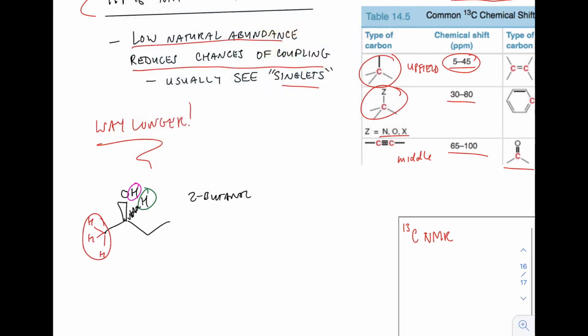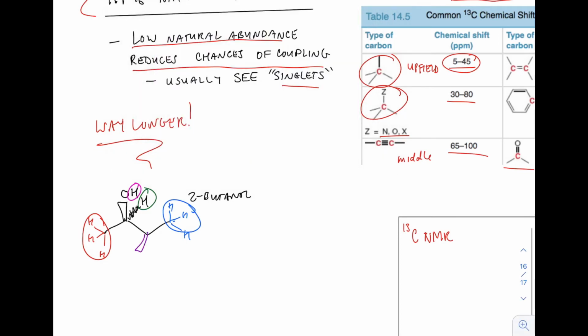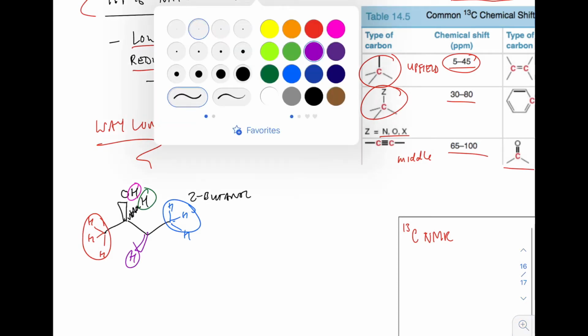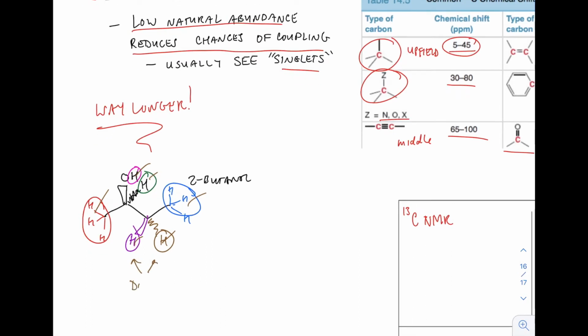We've got our other blue hydrogens, which are unique, and then we'll use purple for a hydrogen that's unique to the other hydrogen that is part of that CH2. I'll do brown. Boom. Therefore we would have 1, 2, 3, 4, 5, 6 signals for 2-butanol, this particular enantiomer. And remember, that's because these guys are diastereotopic.